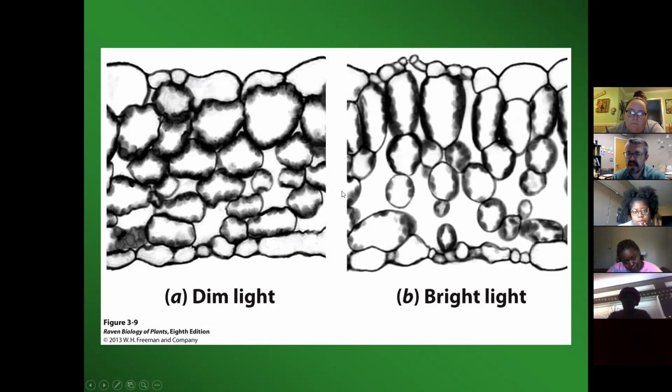Any ideas why the chloroplasts would orient this way in bright light and this way over here in dim light? No ideas?